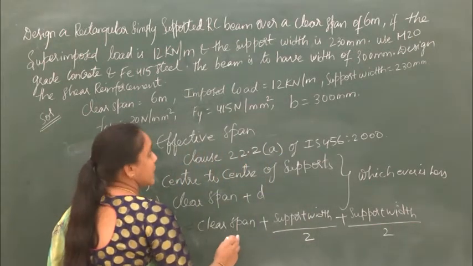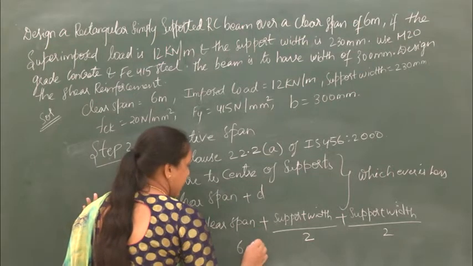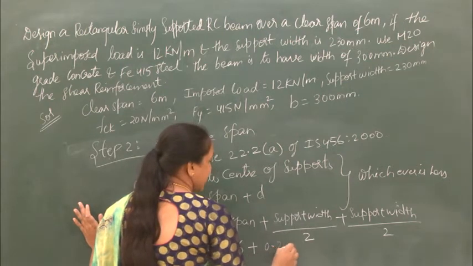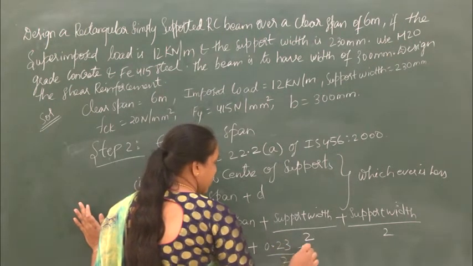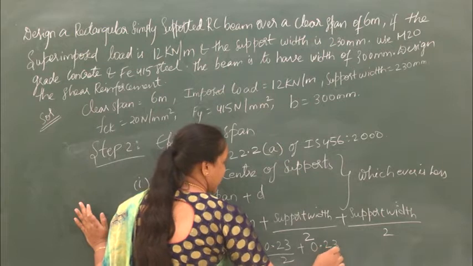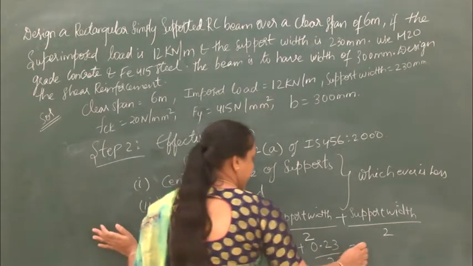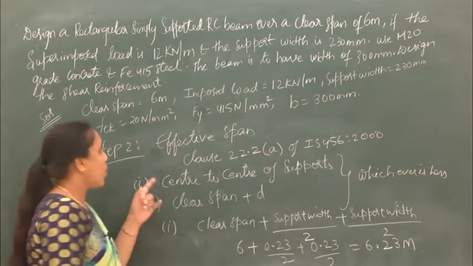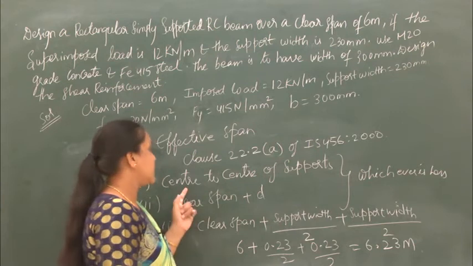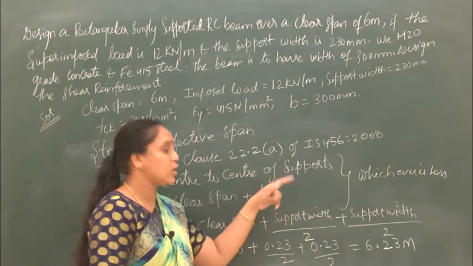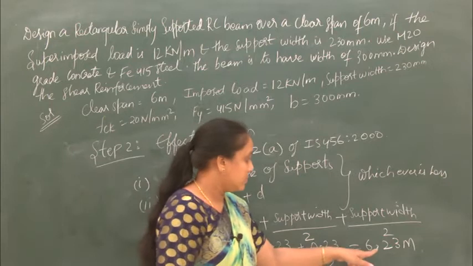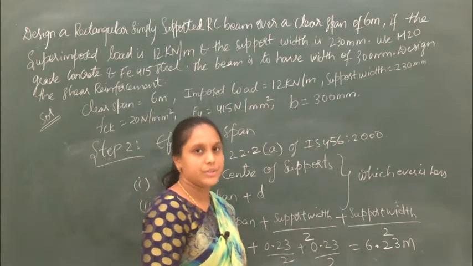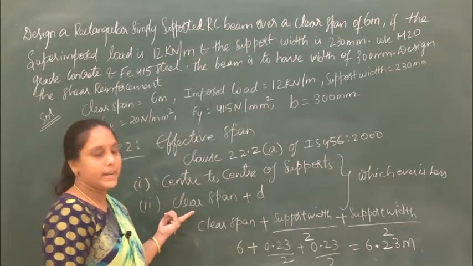So this will be the clear span, 6, plus the support width, 230 mm, which I am converting into meters, 0.23 divided by 2 plus 0.23 divided by 2, which will give you a value of 6.23 meters. So the effective span when considering the center to center of supports is 6.23 meters.